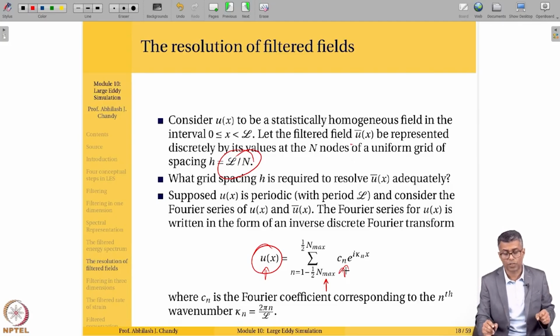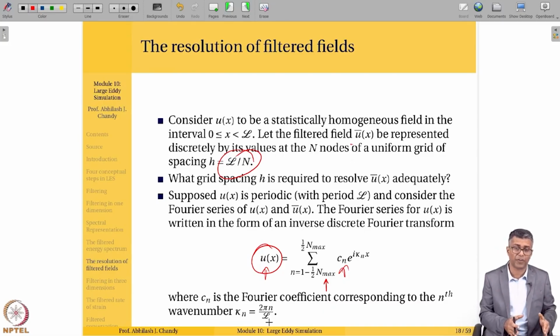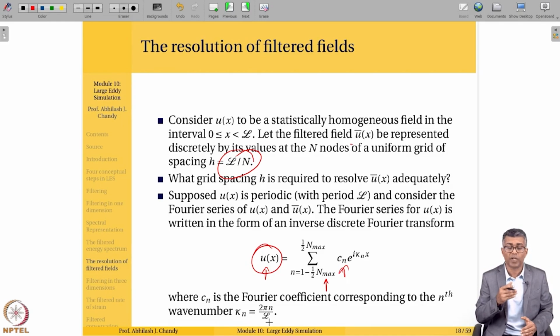C_n is the Fourier coefficient corresponding to the nth wave number, so that the nth wave number kappa_n is 2 pi n over L. We have seen this in DNS, except we did not use n max because there we only had DNS. Here we have a filtered field coming up soon, so we are considering a situation where, if you were resolving all the length scales, n max would be the maximum number of grid points. That is what you're considering.